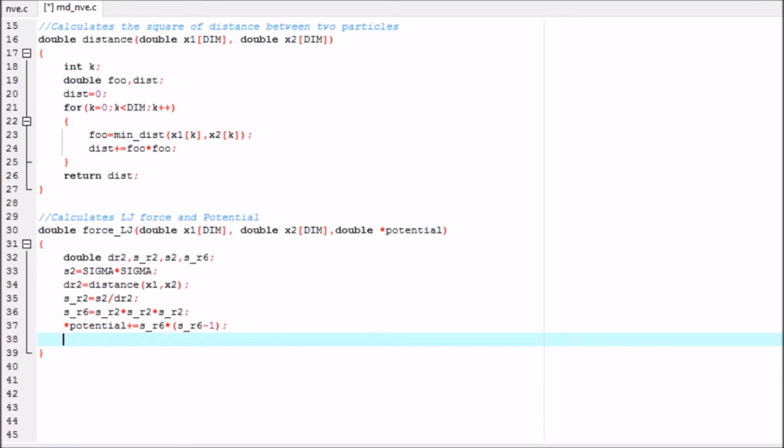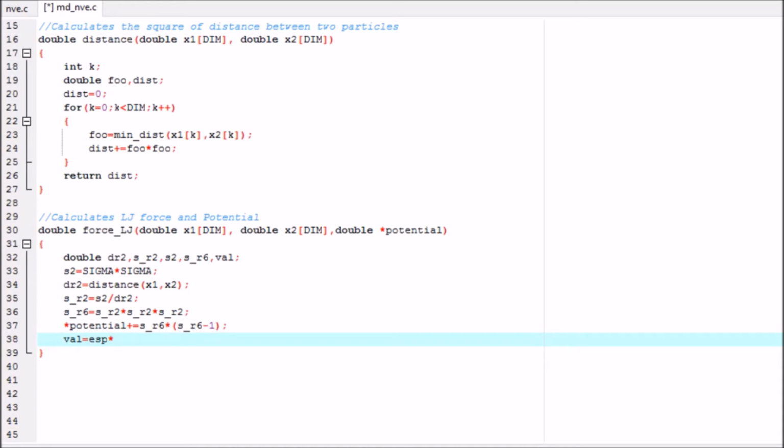And now we can define the value of force. So let's call it val, and to val we store some constant ESP, which would be our 24 epsilon. So instead of 24 epsilon, we will store ESP as 24 epsilon by mass, because we would be only needing the value of acceleration and not the force.